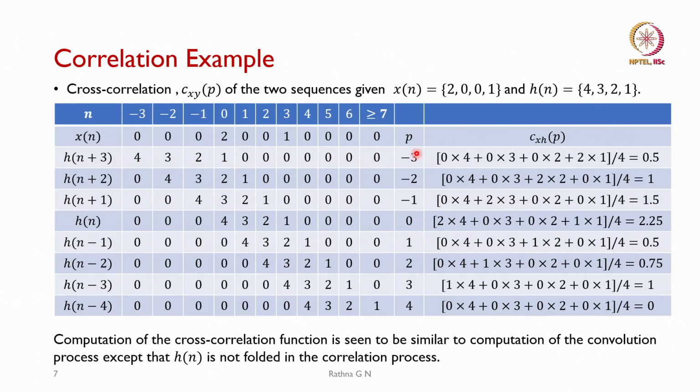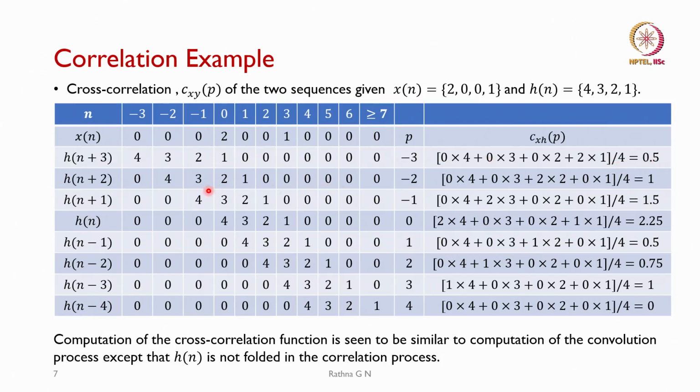So, when you do the multiplication here, what you are going to get when p is equal to -3 is 2 into 1, which is 2, and the rest of them are zeros. We have to scale it by N. Capital N is 4, because both the sequences are of length 4 in this case, so 2 by 4 is going to give us 0.5.